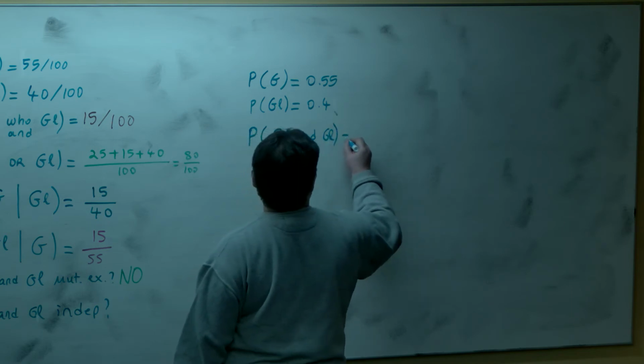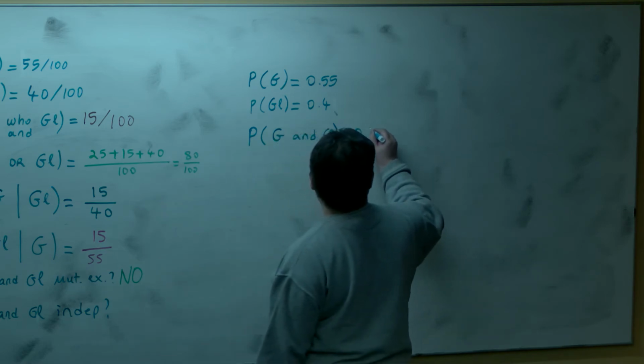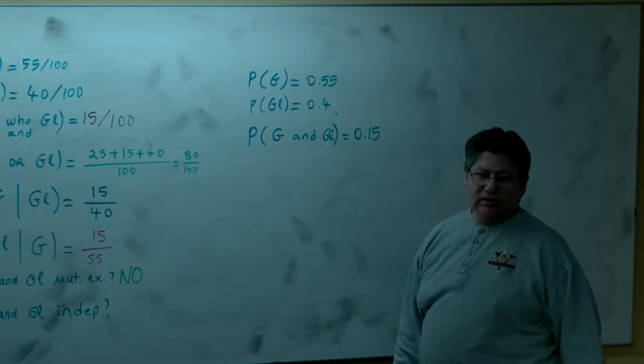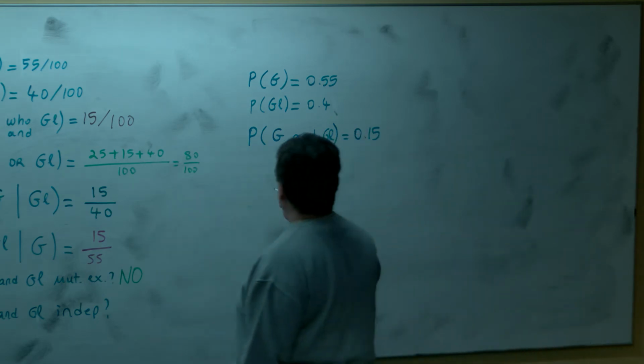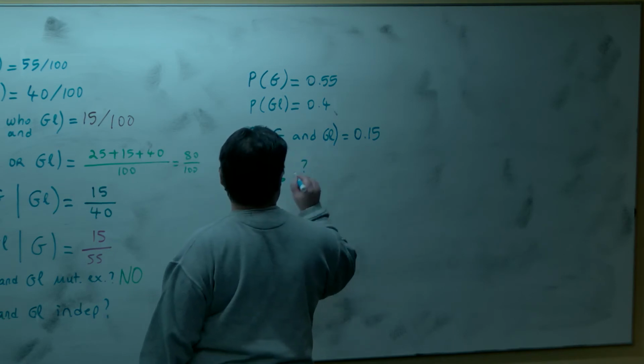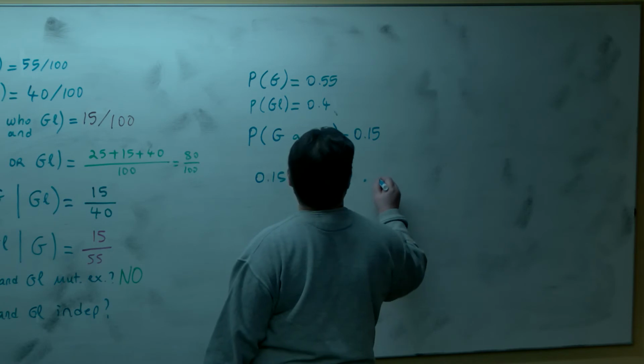That is, yes, 15 over 100, 0.15. Now we are going to do our test. Is 0.15 equal to 0.55 multiplied by 0.4?